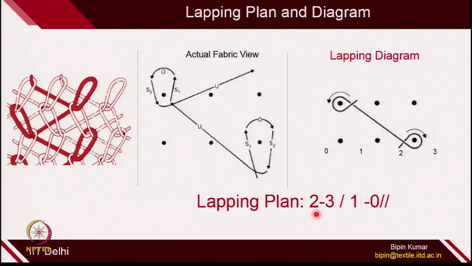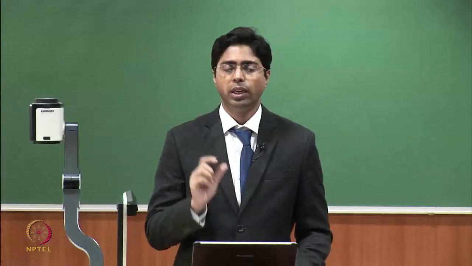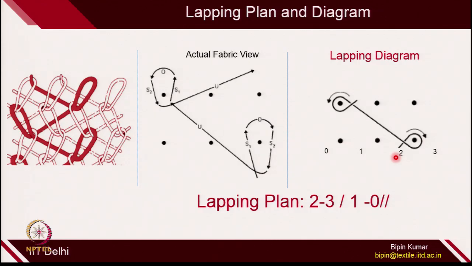In a lapping plan, the motions can be represented by numbers, because it is just the movement from one guide bar position to another, and 0, 1, 2, 3 represent the guide bar positions. You start from the overlap and then follow the underlap for a course, and you keep doing it until you find the repeat design. For example, you start from the second guide bar position and go to the third.